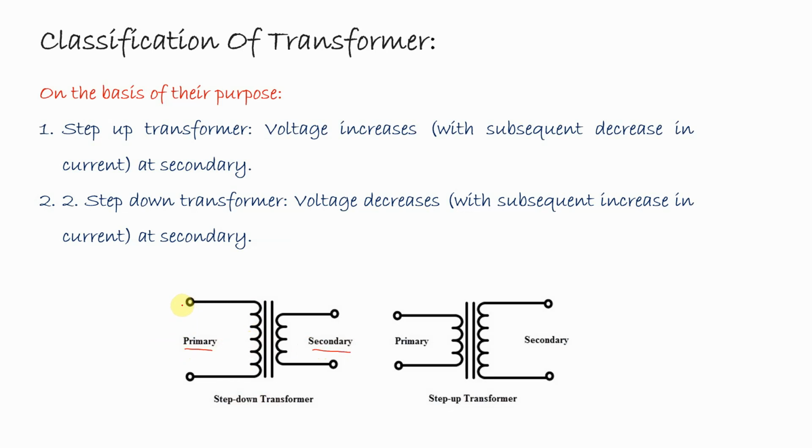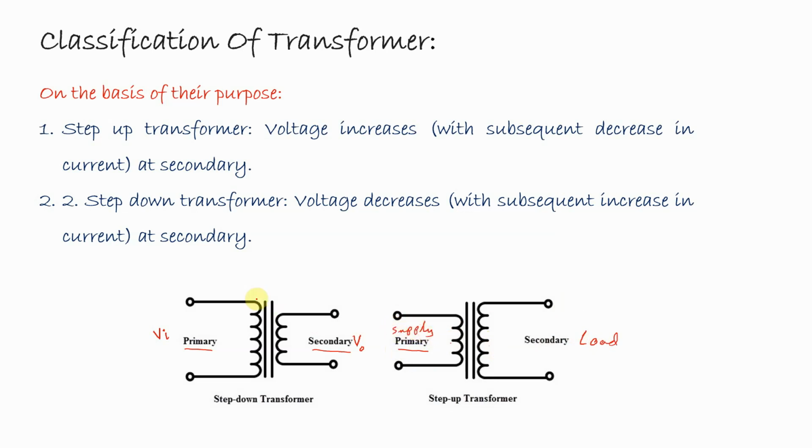So this is the input side, where the supply voltage will be given, and this is the output side, where the voltage will be supplied to the load. Similarly, in the step-up transformer, the primary side number of turns is less compared to the secondary side. Secondary side means the load side, and primary side means the supply side.